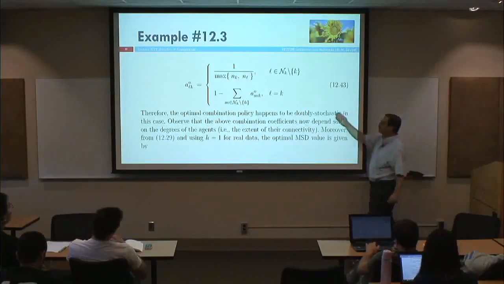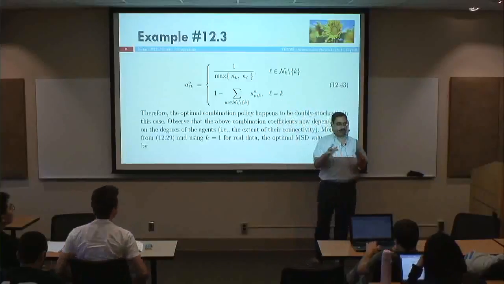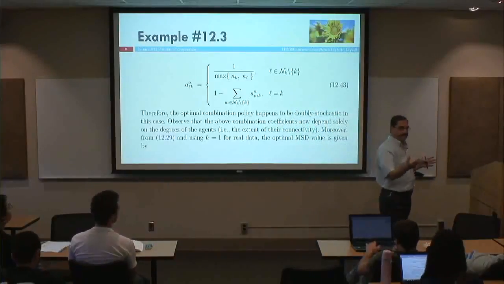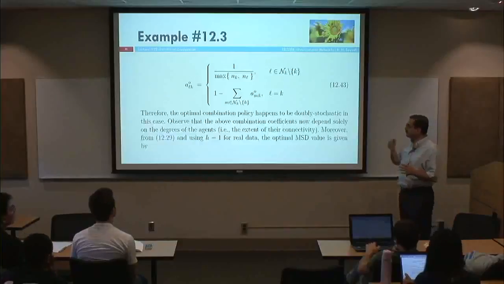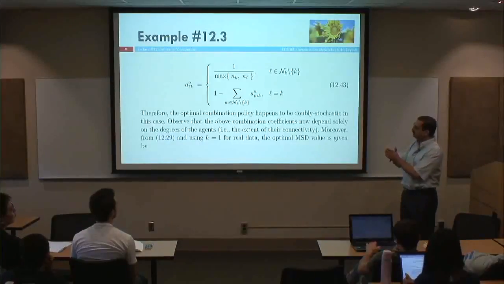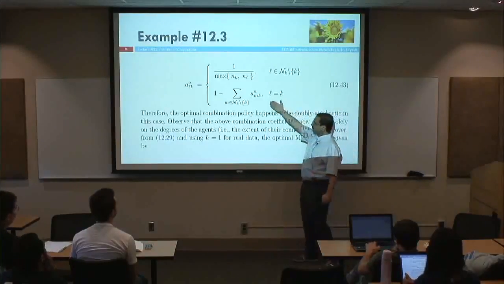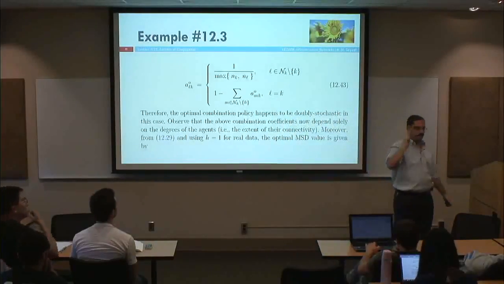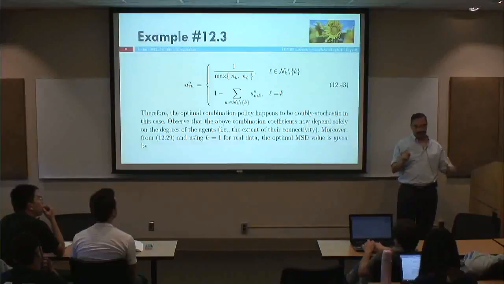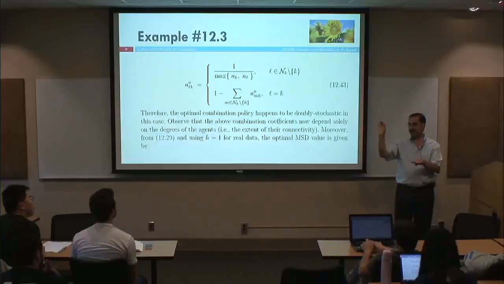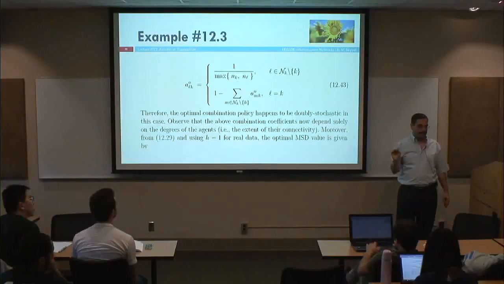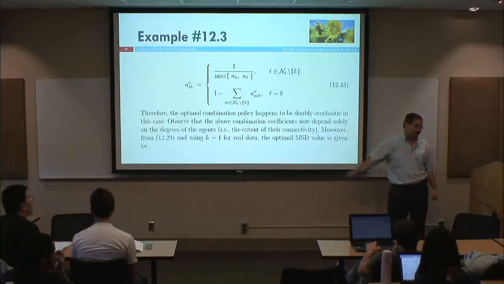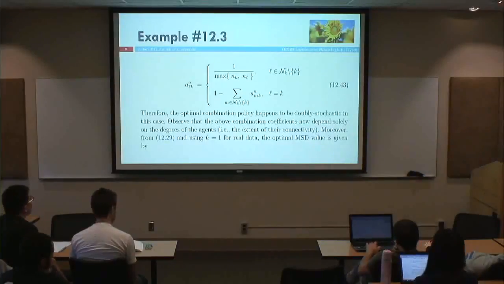So if you run this rule to solve a learning problem for any risk that you choose, in this particular case, because it's doubly stochastic, it will match the performance of the centralized solution, like we showed earlier in this lecture, but it will perform also individually better than each individual agent, right? Because this is the Hastings rule in this case. Understood? Okay, very simple.